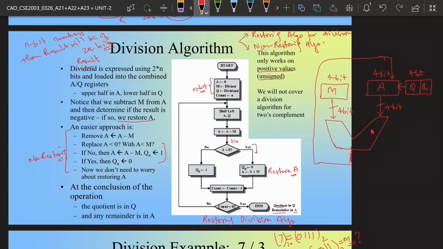So here the ALU used should be of 4 bits, performing addition and subtraction. In terms of hardware, these are the hardware we should be requiring for implementing the division of 4-bit numbers.